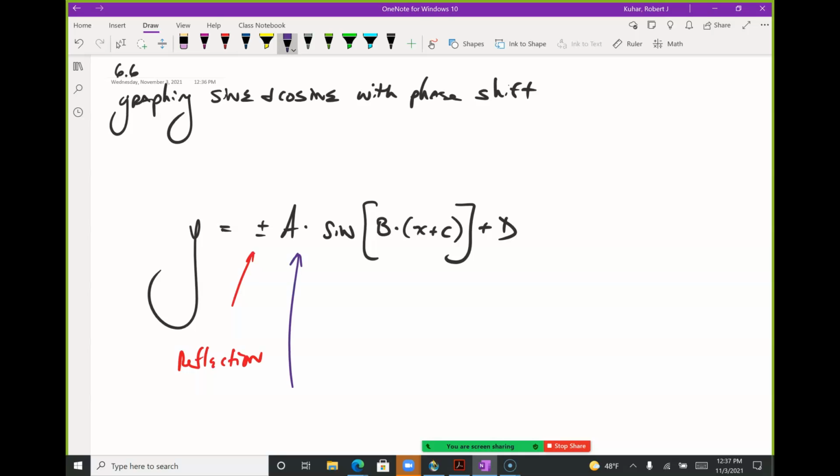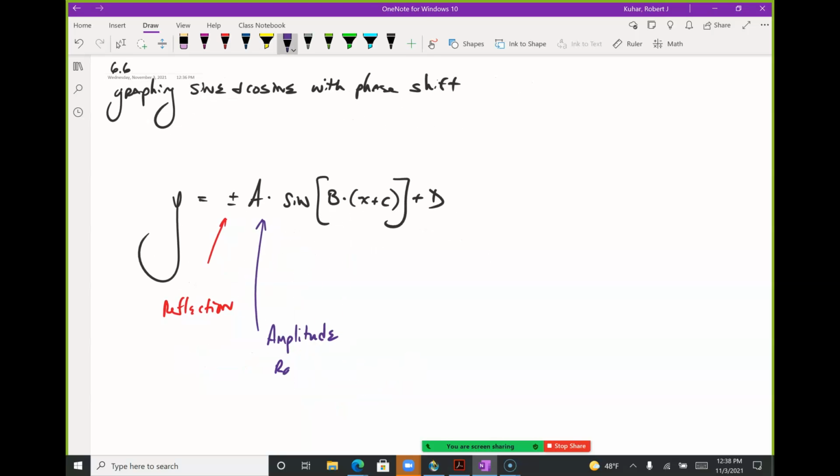A is the amplitude, and the easier way to think of that is it's the radius of the circle. B is called the frequency. I like thinking of that as the speed of a point moving around the circle.